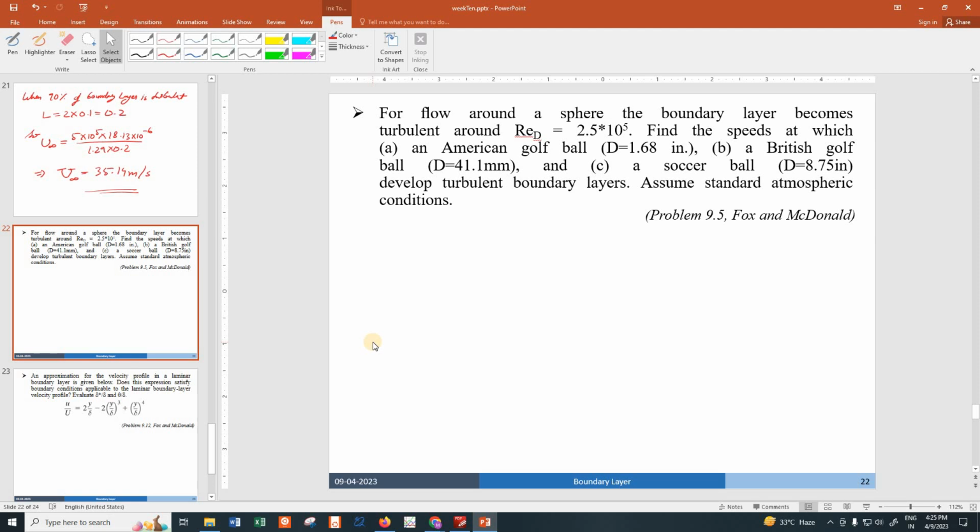Another very similar problem, but instead of a flat plate, we are taking flow around a sphere, a boundary layer.